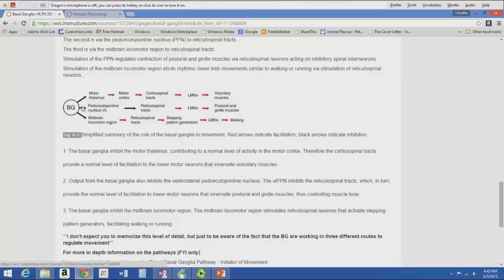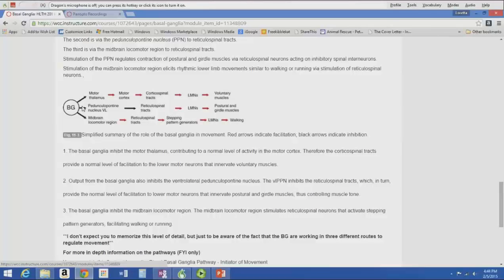So when that inhibition is missing, you get hyperactivity of the postural muscles, and that's where you get the stiffness in Parkinson's. It has an inhibitory effect on the midbrain locomotor region, which affects the reticulospinal tracts and stepping pattern generators and the lower motor neurons, and it functions in walking.